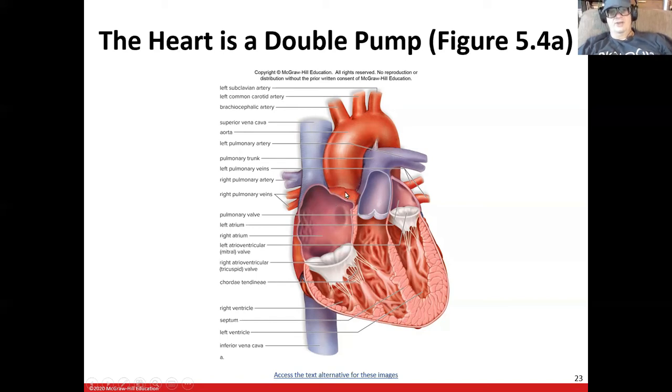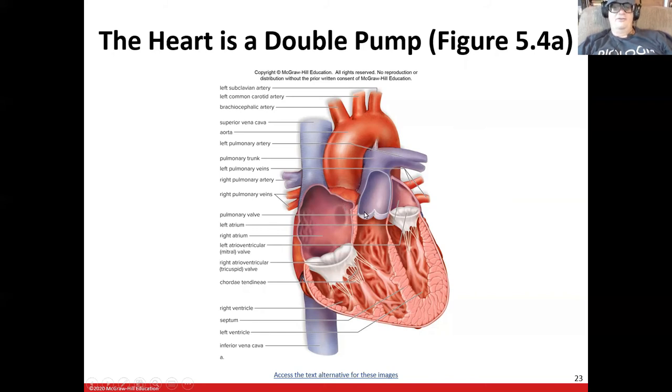The aortic semilunar valve would be at the bottom of the aorta here. This is the aorta, but that's because they cut it away. All right, this drawing shows it cut away, but you have the semilunar valve at the bottom of the pulmonary trunk, semilunar valve at the bottom of the aorta.